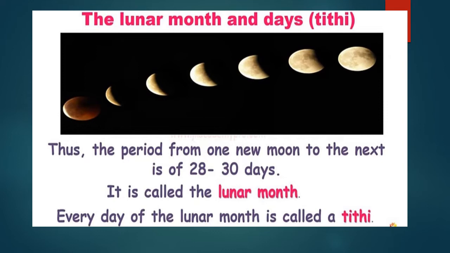The period from one new moon to the next is of 28 to 30 days. It is known as the lunar month. So every day of the lunar month is called Tithi. Okay. Every day of the lunar month is called Tithi. Understood, students? So we'll revise this again.